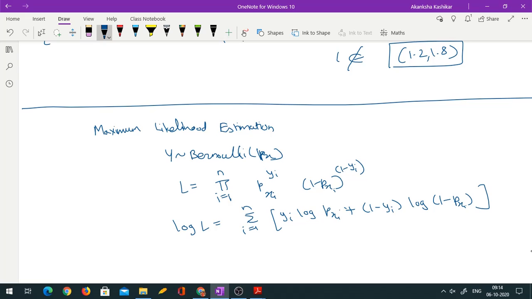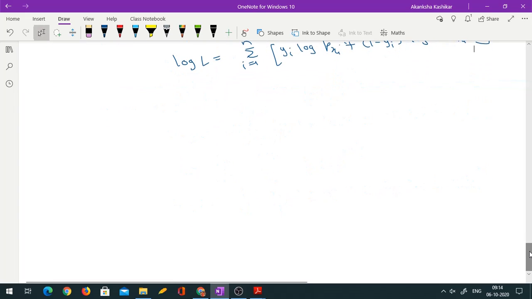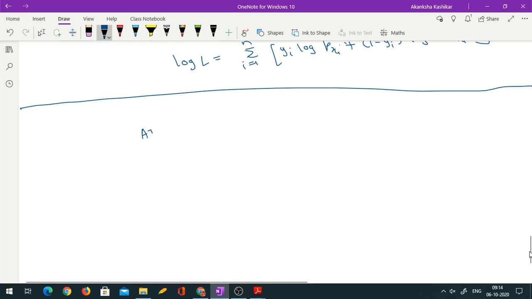Of course you won't get explicit solutions, but iteratively you can maximize this likelihood and you do get decent estimates of beta naught, beta 1 and of course the other coefficients if other regressors are involved. So that's why in logistic regression the estimation of parameters is done via maximum likelihood and not least squares, because maximum likelihood would give you a better estimate.